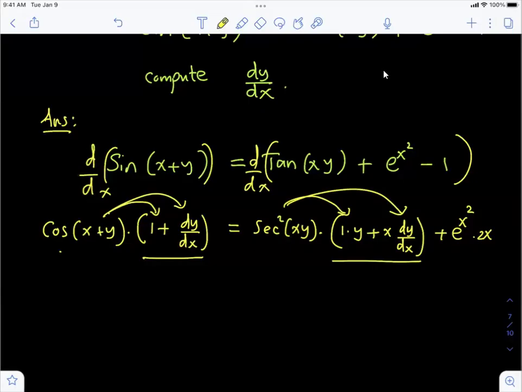So when I do that, what I'm going to get is the second term in this distribution.